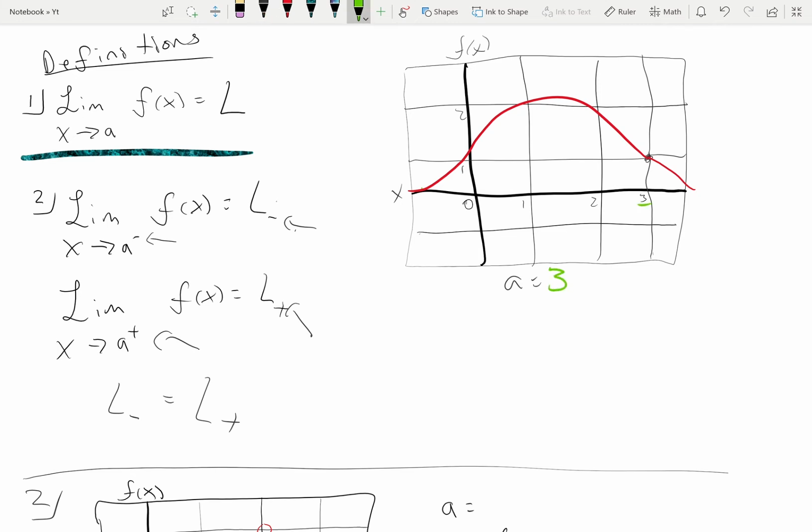So here's 3 here. We're going to write the limit of f of x as x approaches 3 is equal to, well, it's going to be this value here, which is 1. So that's the answer.